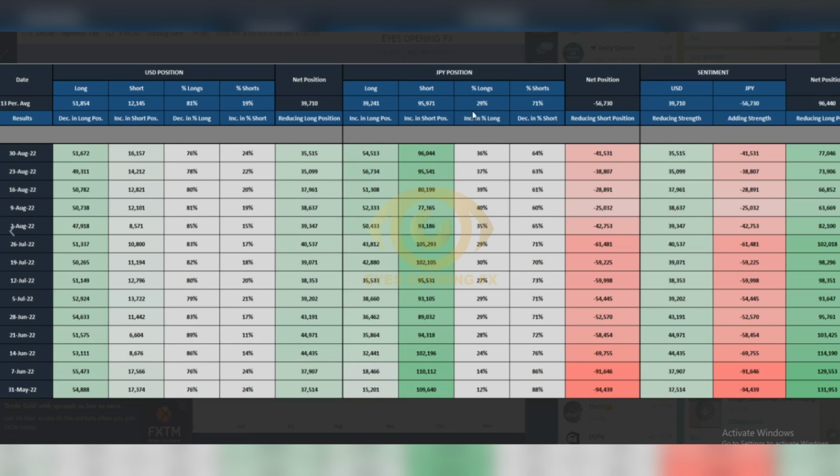The same thing for their percentage on long and short. The net percentage is also higher than the actual value. So this shows that they are reducing their short position right here on the chart. So that is that on this COT data.